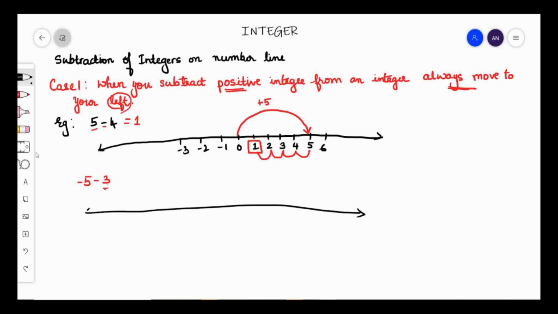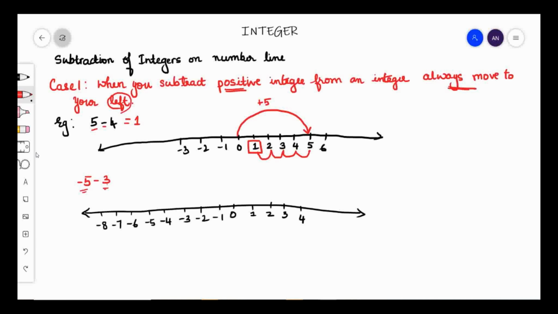Okay, let us do the intervals. 0, minus 1, minus 2, minus 3, minus 4, minus 5, minus 6, minus 7, minus 8. Similarly, 1, 2, 3, 4.